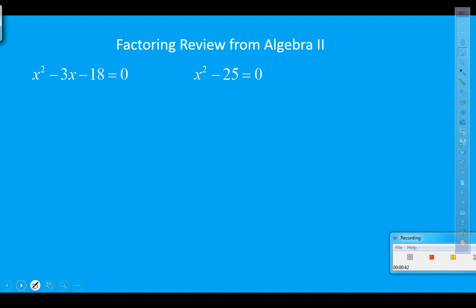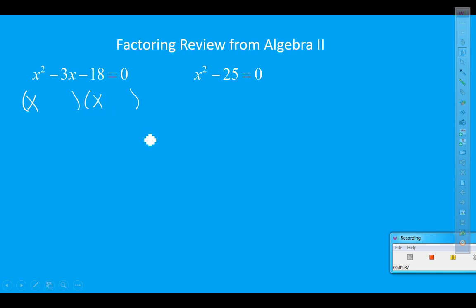If you would, look at x squared minus 3x minus 18 equals 0. I would like to factor that, aka unfoil that. What I'm going to do is go to parentheses, and I'm just going to do whatever it takes to unfoil this or factor it. What does that mean for you? I need something times something that's going to give me x squared. In this case, that's going to be x times x.